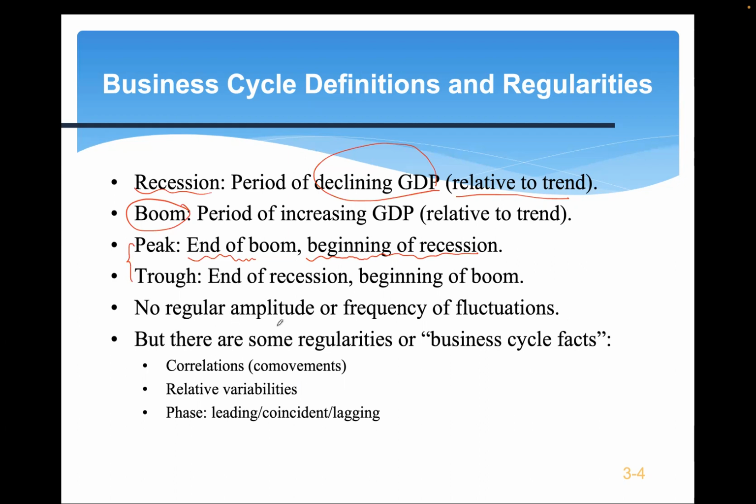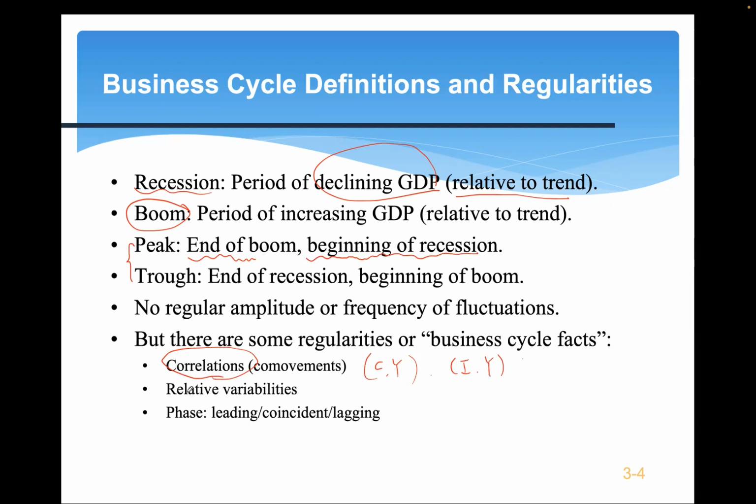Usually, there's no regular amplitude or frequency of fluctuation. That's going to show up in the next slide. But there are some regularities, or business cycle facts. This includes correlation: usually the correlation between C and Y, and the correlation between I and Y, as we're going to see.